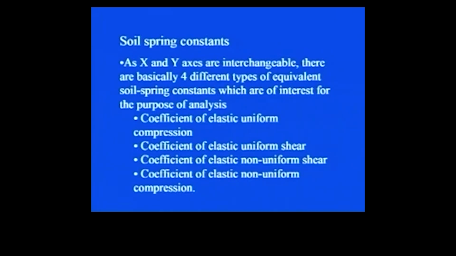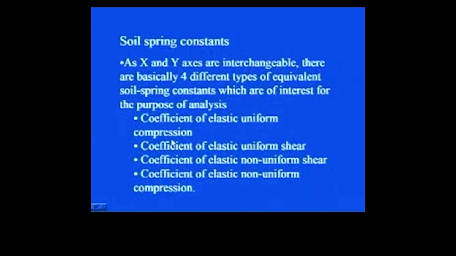If it is translation along the x or y axis, it will be different. So, corresponding to the various modes of vibration, 4 different types of equivalent soil spring constants are there. Let us see one by one what exactly they are, what their physical interpretation is, and how you can determine them using different techniques.